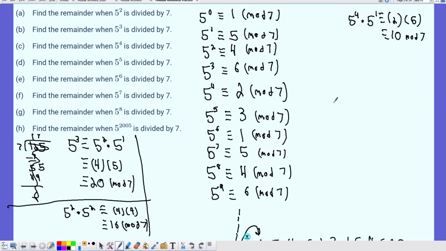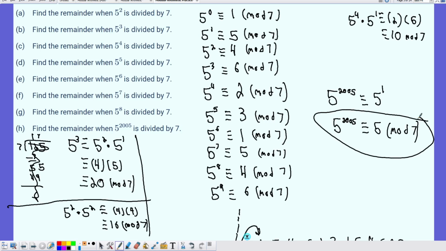So 5 to the 2005th power is congruent to, well, it's got to be congruent to 5 to the first power, because of these combinations of values that we're getting. And that would just be 5 to the 2005th power is congruent to just 5 mod 7.